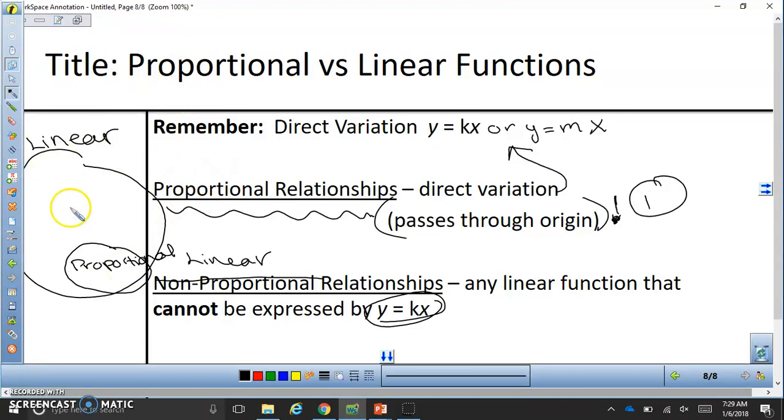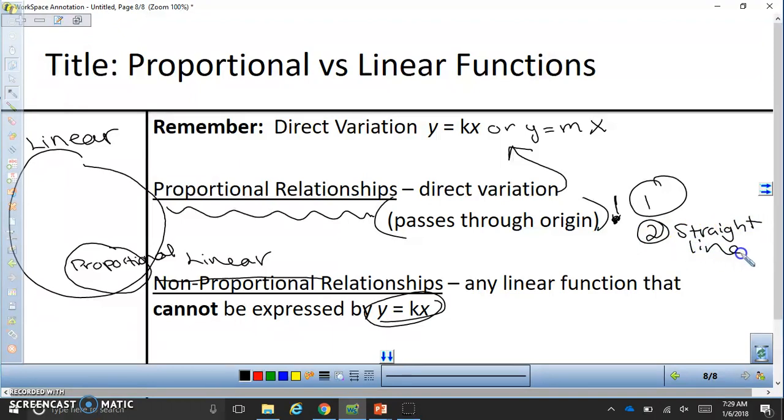Big picture, here's what we're trying to see. Proportional relationships go through the origin, and second, they're a straight line. One, they go through the origin, two, they're a straight line. That's your essential question from yesterday, right there.